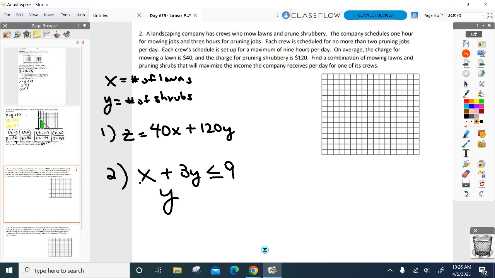It's just the number of shrub jobs here. It's going to be 2. So what do you got for my inequality? Less than or equal to 2. All right, let's go to town. What type of line is that going to be, by the way? Horizontal. Let's roll.